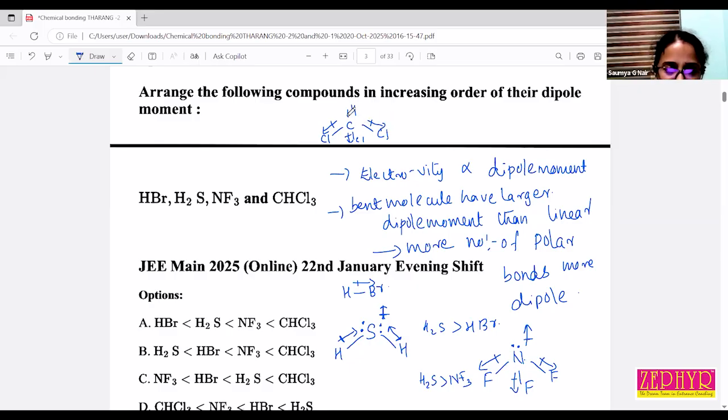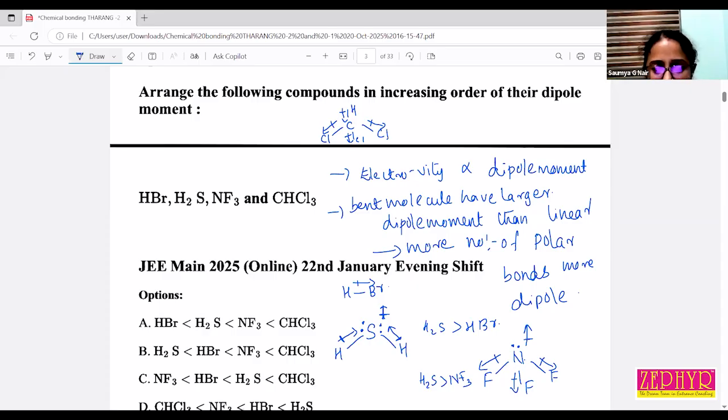From H, the direction is towards carbon. All in the same direction. More number of polar bonds, more dipole, right? In CHCl3 there are more polar bonds, so CHCl3 has more polarity among these molecules.